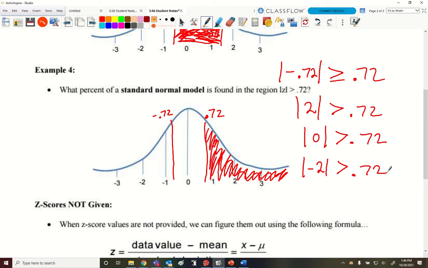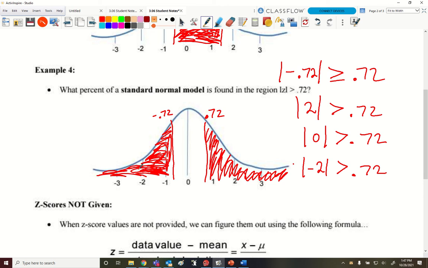By testing this out, we just proved that the right-hand side over here is going to be shaded and the left-hand side over here is going to be shaded. Does that make sense? Yeah? No? Maybe? Okay. Are you okay with the fact that I'm going to have a positive and negative 0.72 because it's absolute value?